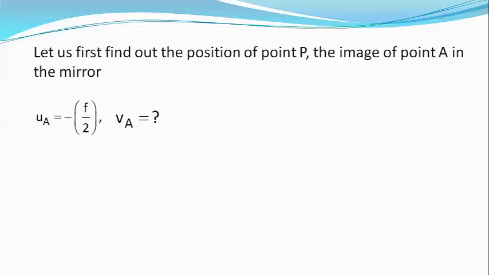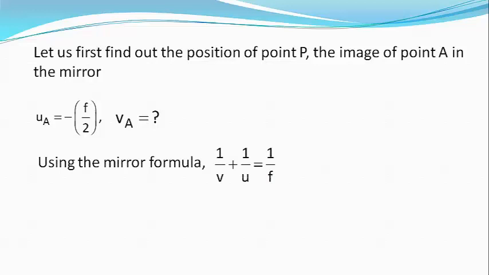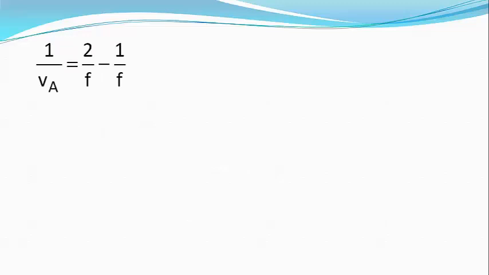Using the mirror formula 1 by V plus 1 by U equals 1 by f, we get 1 by VA plus 1 divided by minus of f by 2 equals 1 divided by minus f, or 1 by VA equals 2 by f minus 1 by f, which equals 1 by f, or VA equals f.